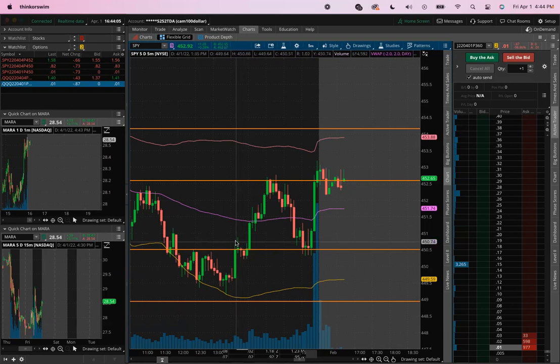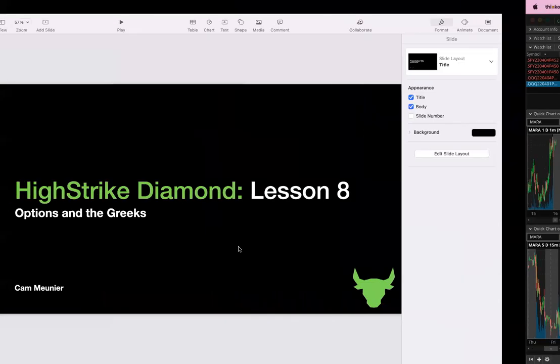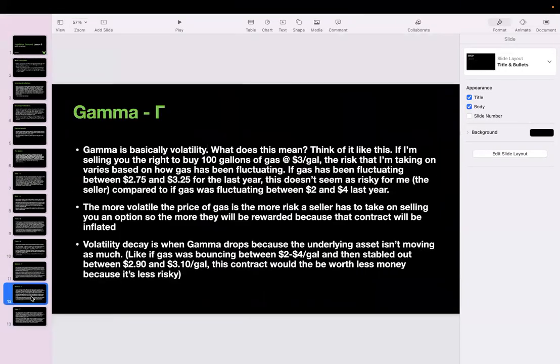So if we buy, and this is why options can really get crushed if they go the wrong way, or they can really blow up in a good way if they go the right way. Say I buy an option right at the top here, right? So when it starts to go down, the volatility for that contract also, actually, I think I had a slide on this.